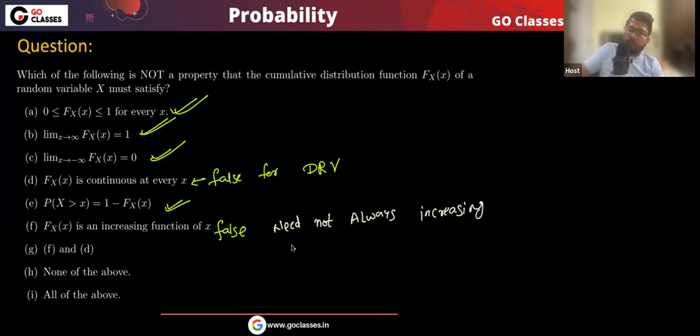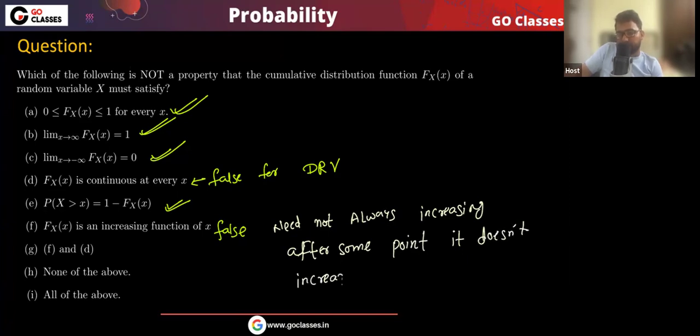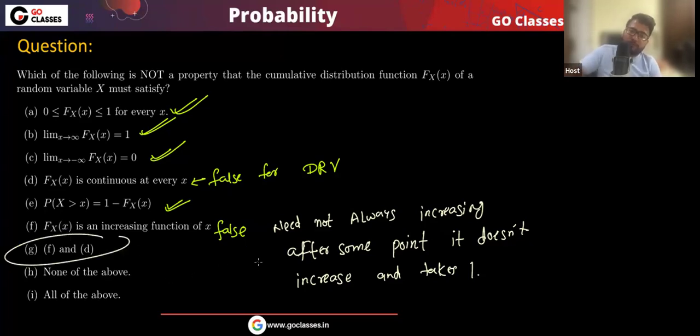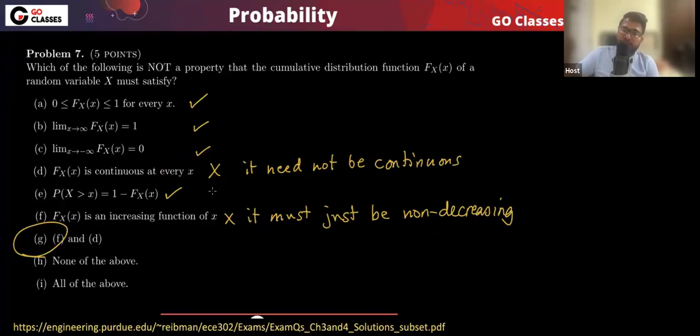After some point, it will be constant, which is 1. After some point, it doesn't increase and takes 1. Okay. So I think these two are false. So F and D are false, right? Yes. So it must be non-decreasing, may not be increasing. Okay.